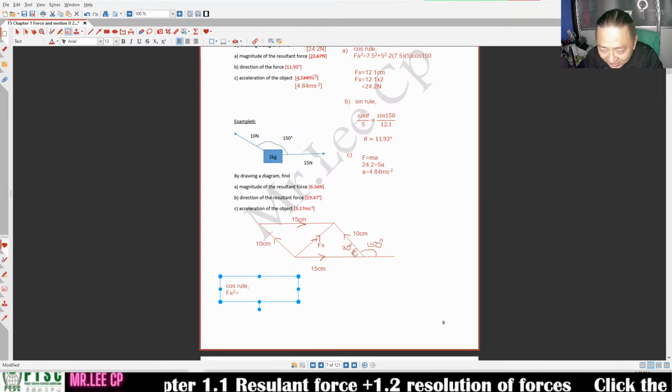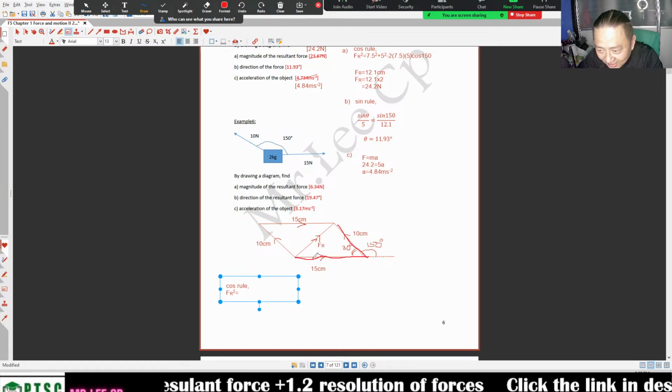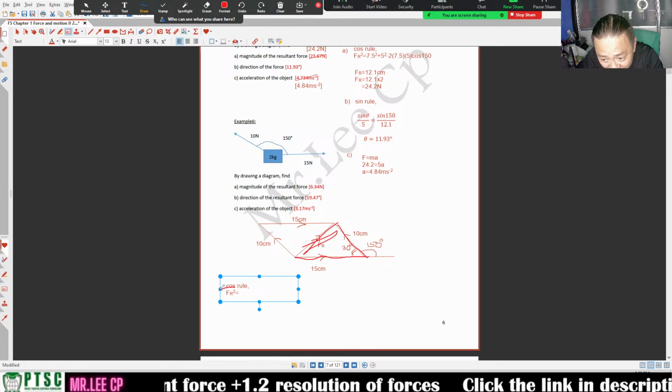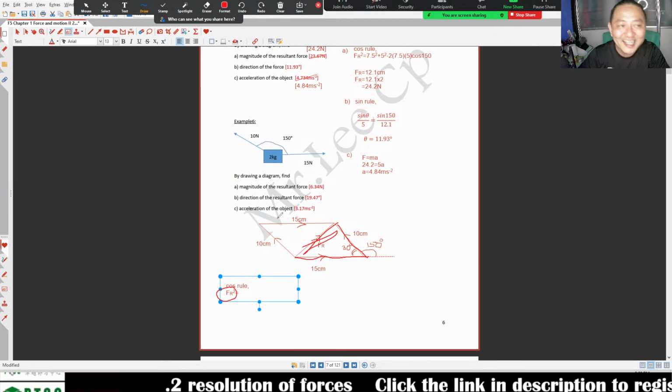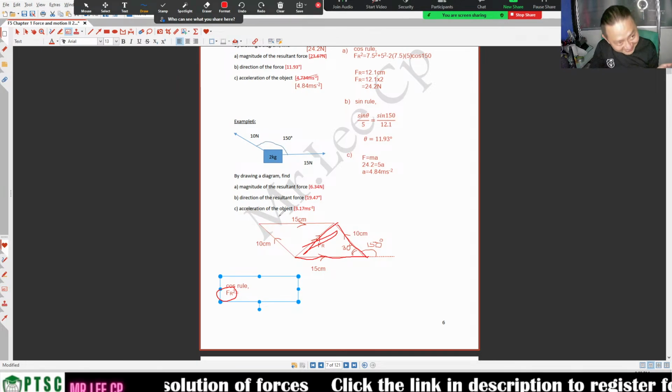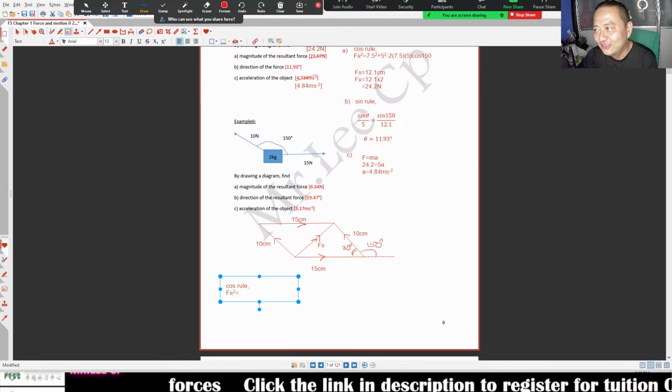Now you see your triangle is here. You got this one and this one. Opposite square, FR square, is equal to side square plus side square minus 2 side cos what? You can write it on your own.